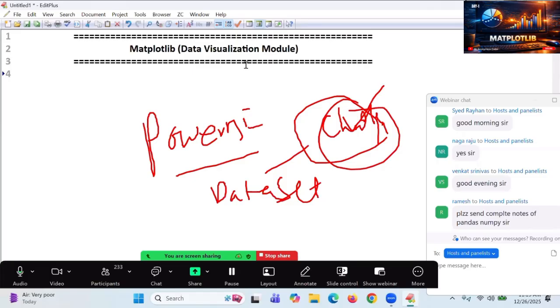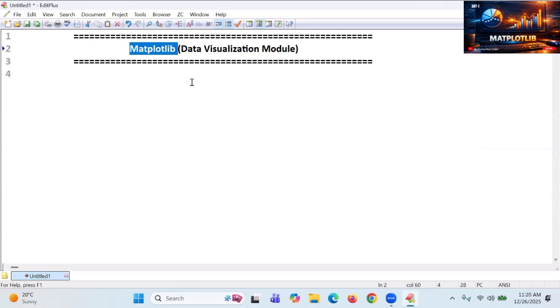But today, what we are doing here is writing the code for the chart. Definitely companies will go for using Power BI for data visualization purposes. But having knowledge of Matplotlib is also important.